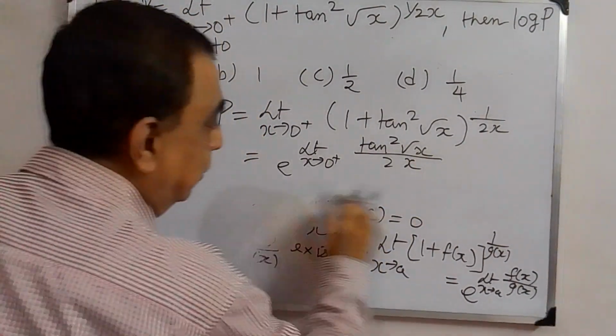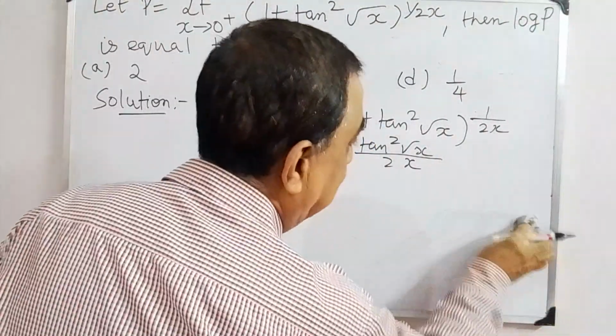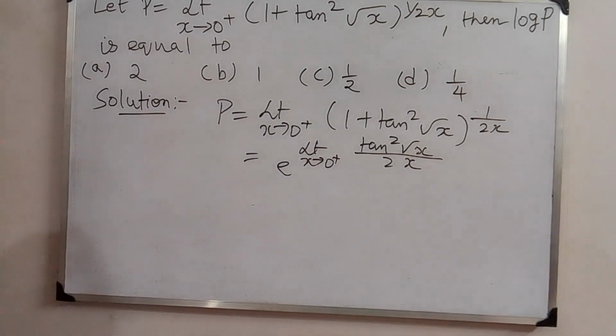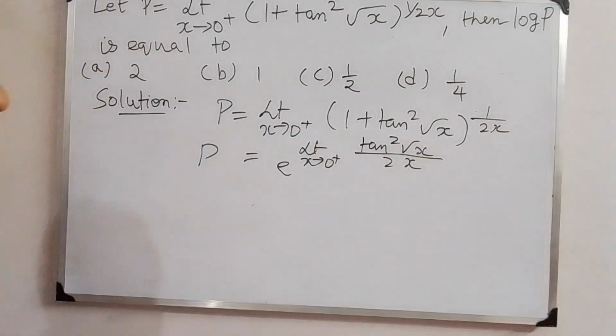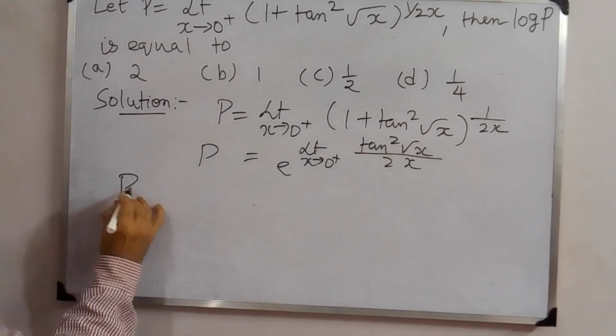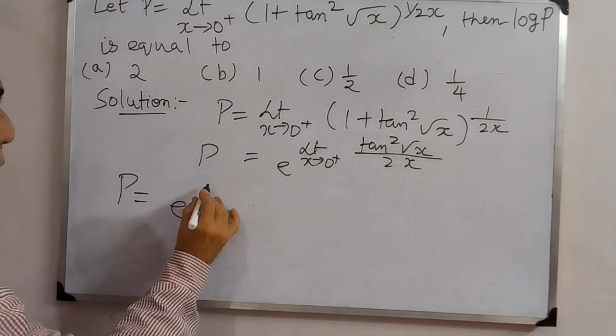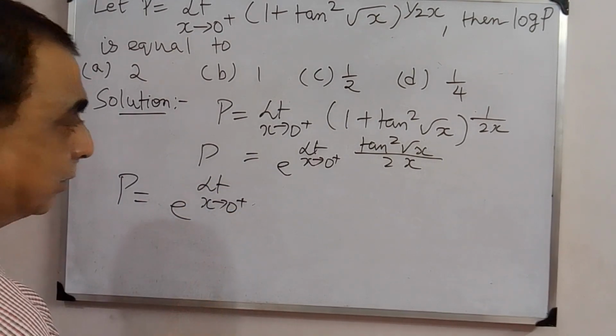So we have applied the formula, and that is equal to p. Now we will solve this limit. Here p is equal to e to the power limit x tends to 0 plus.